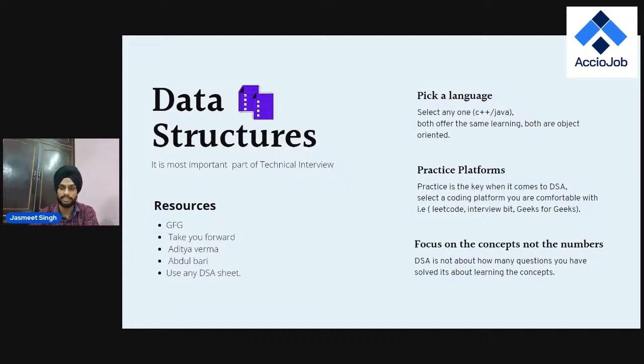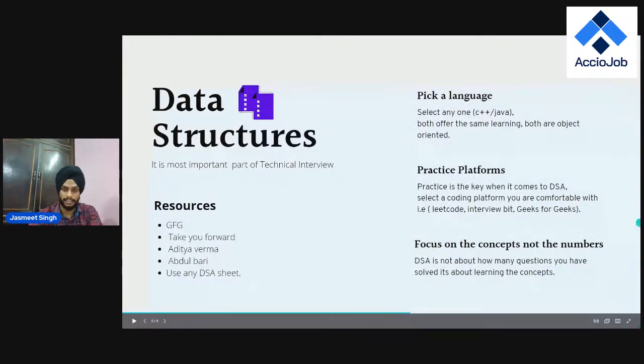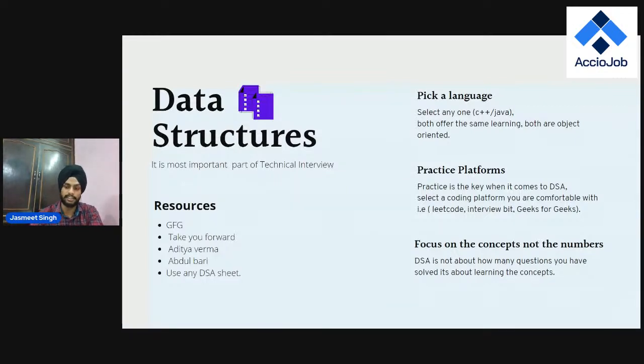Okay, so now data structures are, as I said, a logical representation of data in the computer field. You should learn data structures in increasing order of difficulty. You should first start with arrays. Arrays, strings, and linked lists are the easy level topics.